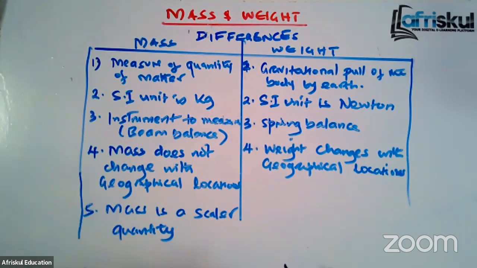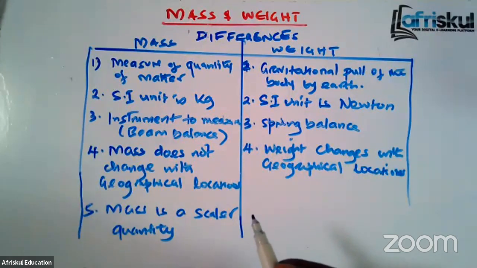It does not have direction. So when you talk of mass, really you don't get the idea of direction. But when you talk of velocity, that now is a quantity, but also it's got direction, or force even. Force, you can ask, how much force did he use on you? And which way did he push you? So force has got both direction and magnitude, but mass does not have direction.